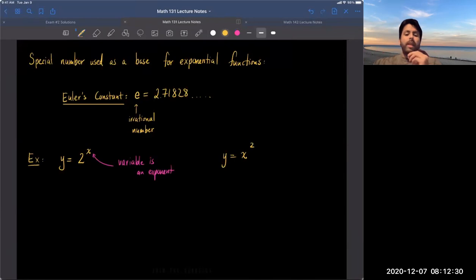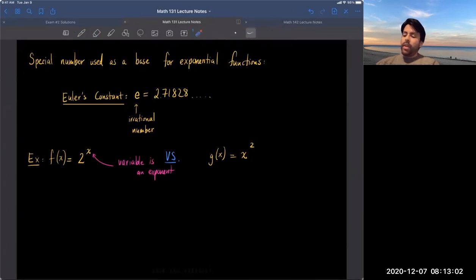So what happens when the x's and the 2's are swapped? Let me call this f of x equals 2 to the x, and I have another function here, g of x.